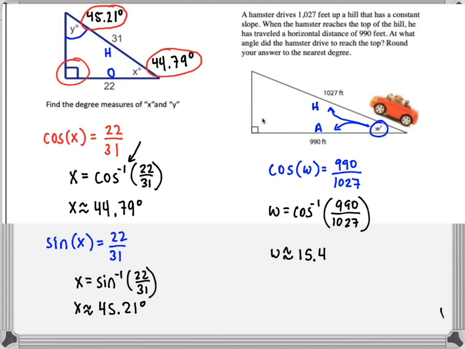It says to round your answer to the nearest degree, so the nearest degree is just going to be 15 degrees there. So it looks like that little hamster dude was going up that hill at about a 15-degree angle. So that's how you do that.